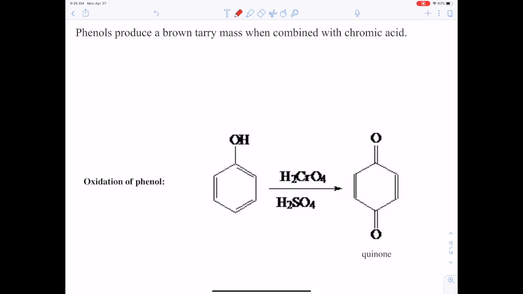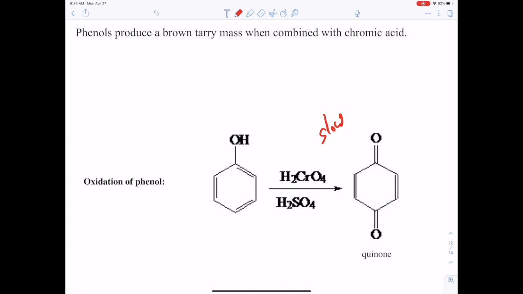This oxidation of a phenol to a quinone is slow. So what happens is the quinone starts to form. You start to see a darker brown from the product, and this may be like a tarry substance, depending on the specific phenol. So you do see change. You see something happening, but it's slow.